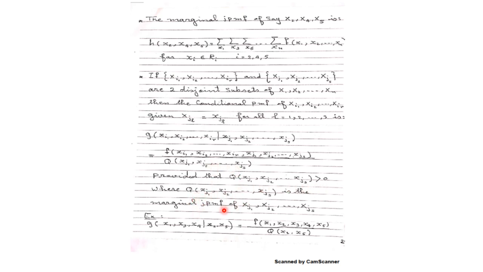What's this? As I am saying, this is the joint probability mass function of xj1 up to xjs. And that's why I gave this example to make life simple, because this looks a little bit complicated. I hope you understood this now. Again, this lecture is just some examples to make the material we covered last time clear.